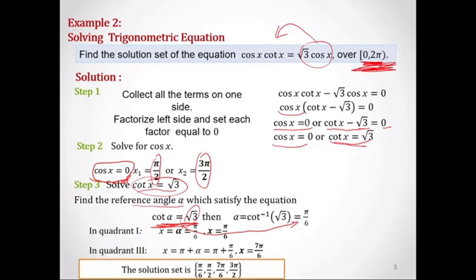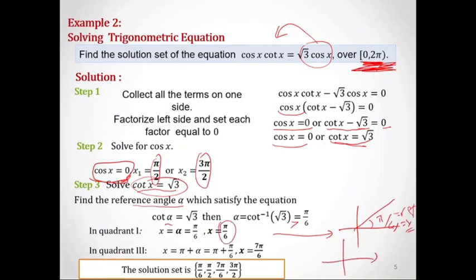Cotangent is positive in the first quadrant, and cotangent is positive in the third quadrant. In the first quadrant, the reference angle is pi over 6, and the reference angle is equal to the angle x itself. In the third quadrant, the reference angle is pi over 6 here, but the real angle x will be pi plus pi over 6.